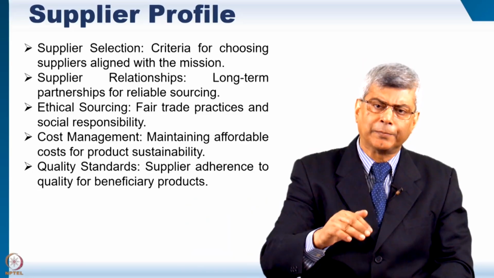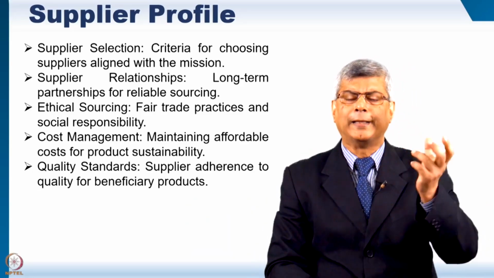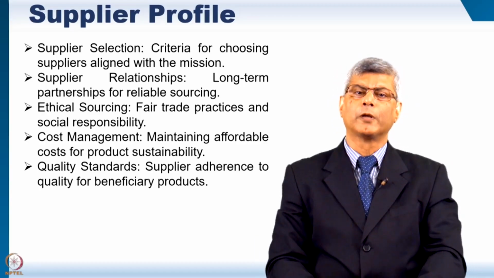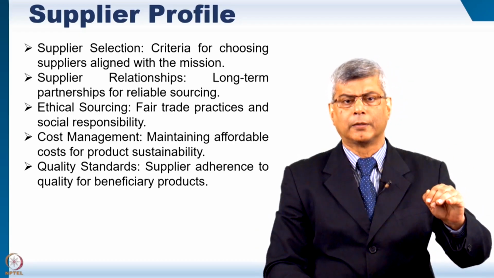But you may still need some supplies for the packaging material, the bottles or the labels or the stickers or the boxes. So you have to be careful about who are the suppliers.